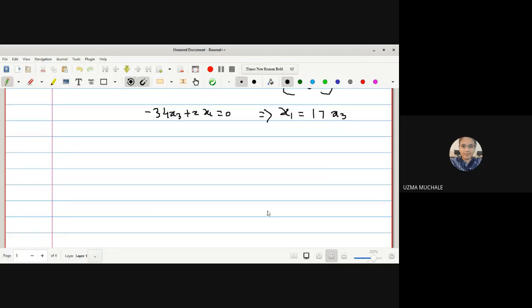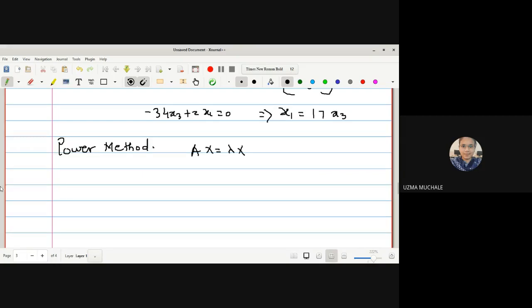Now let us go for the last method, that is the power method for finding the eigenvalues. We have seen that there should exist some constant lambda such that Ax is equal to lambda x, then lambda is called the eigenvalue.